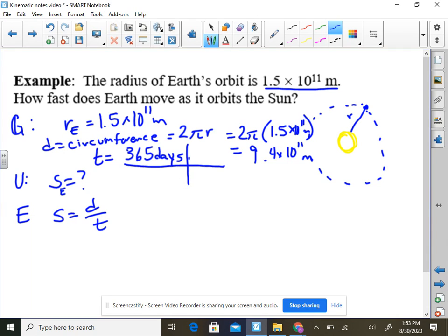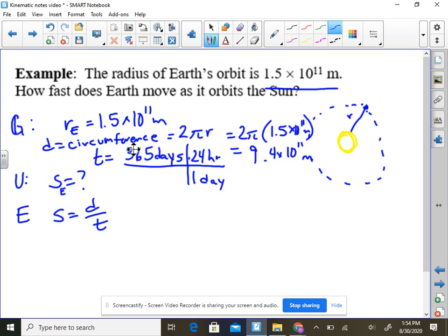If I want to do it in maybe hours or minutes or seconds, I will do meters per second to compare to some of the numbers we're going to use all year. So if I know in every one day, there are 24 hours, and I move this over a little bit, give myself a little more room to work.